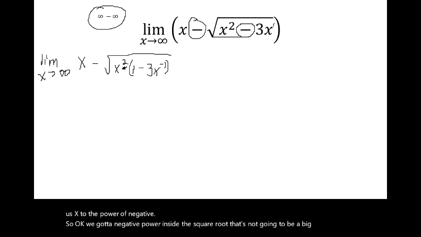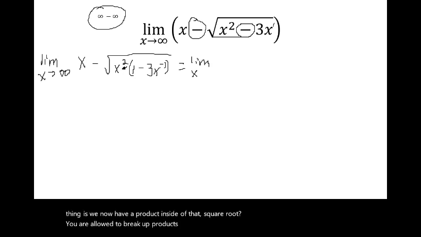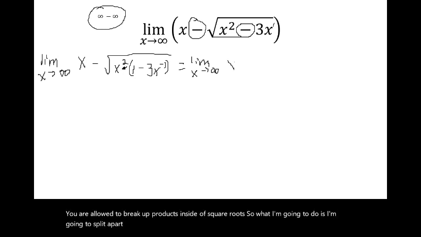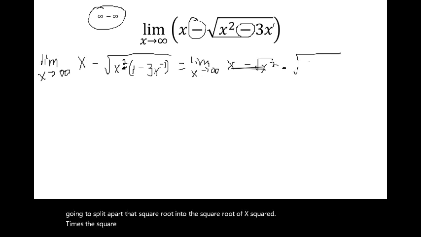The big thing is we now have a product inside of that square root. You are allowed to break up products inside of square roots. So what I'm going to do is split apart that square root into the square root of x squared times the square root of 1 minus 3 over x.